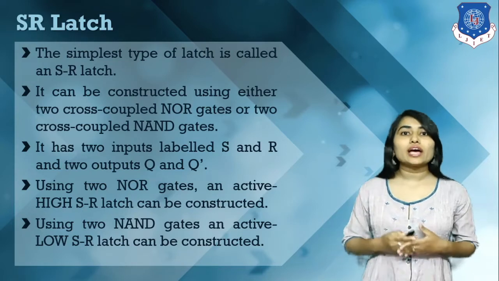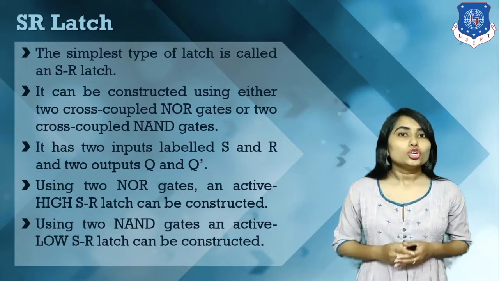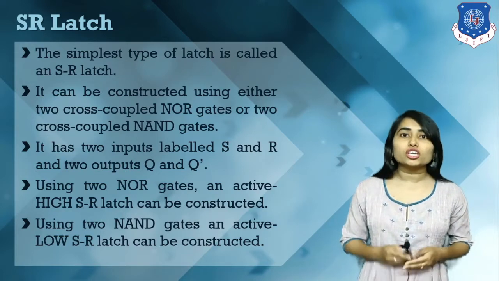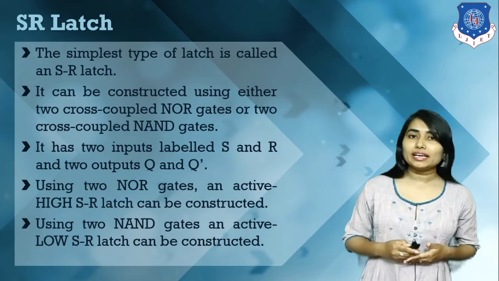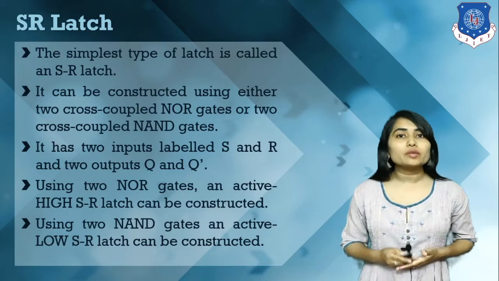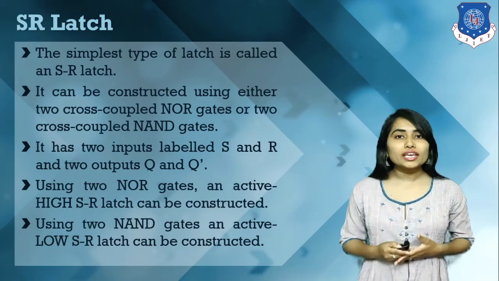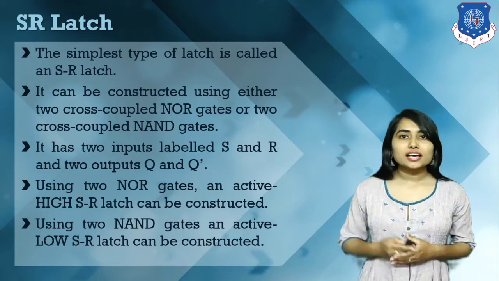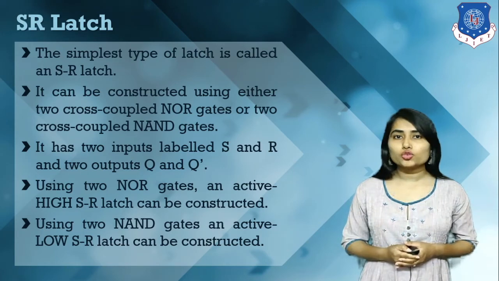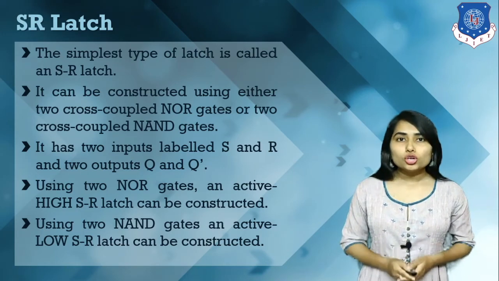Active low means we have output according to logic 0. So if we implement the SR latch using NOR gates, we have an active high SR latch, and if we implement it using NAND gates, then it is an active low SR latch.